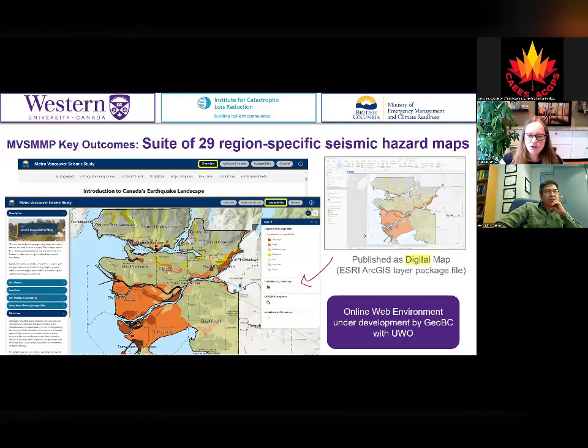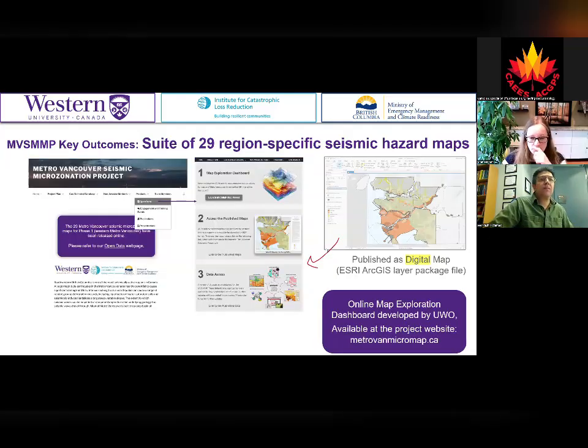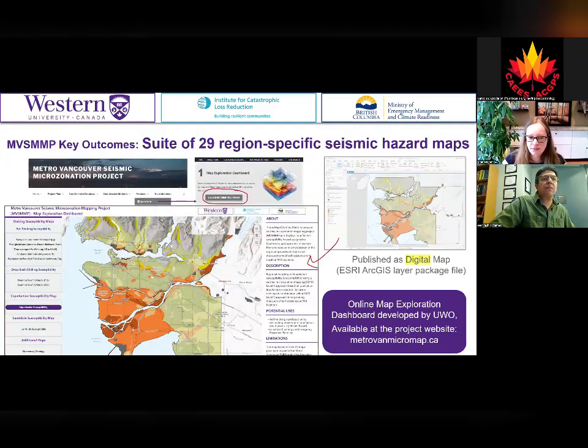But you will also have access to the maps in the future from GeoBC or through the provincial government. And currently, you can also go to our project website and look at the maps online. You don't have to download them. You can play with them or look at them online before deciding whether you want to download them or not.